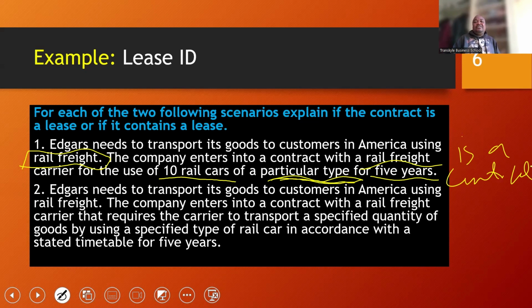The underlying asset, or the identified asset here, is 10 rail cars of a particular type. For how many years? For 5 years. There is a lease term there.